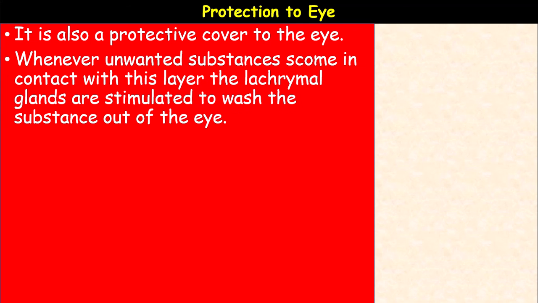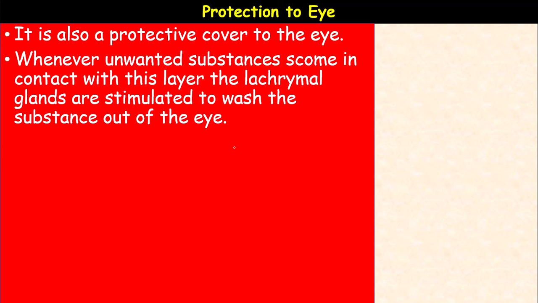Next, there is also a protective cover to the eye. What is that? That is the conjunctiva. Whenever unwanted substances come in contact with this layer, the lacrimal glands are stimulated to wash the substance out of the eye.